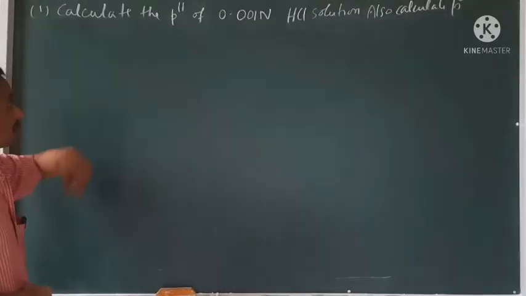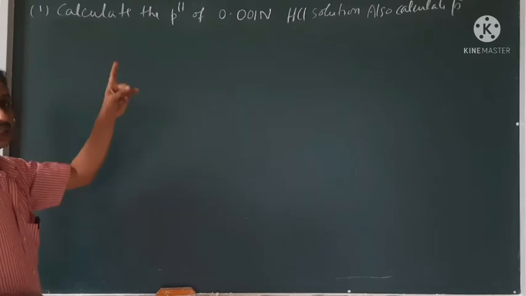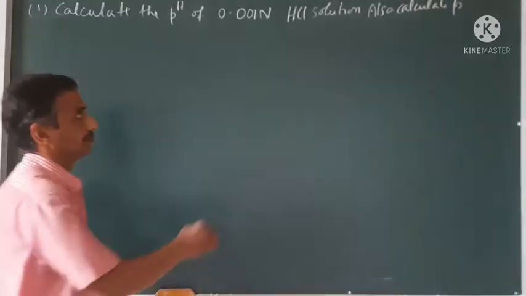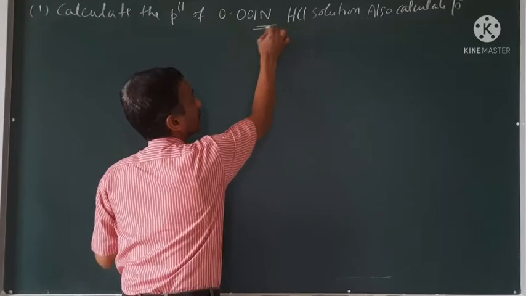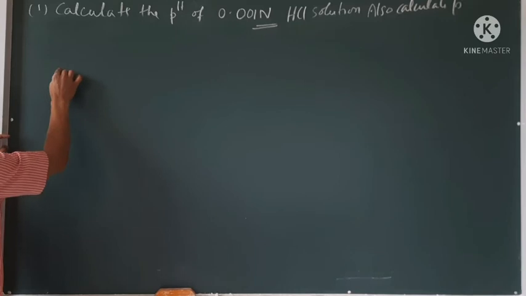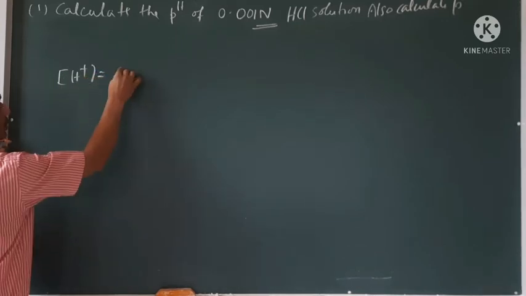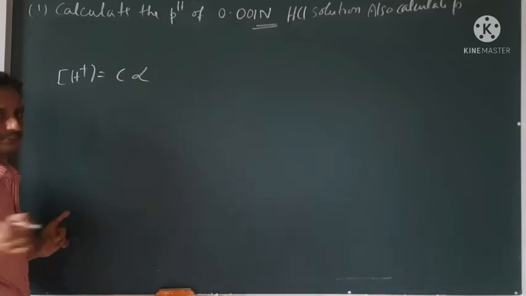Now, see this problem. Calculate the pH of 0.001 N. See, it is in the normality. So, H plus ion concentration is equal to C into alpha.